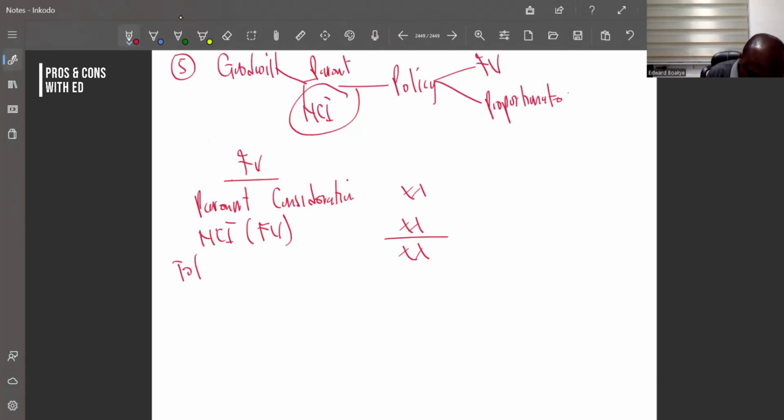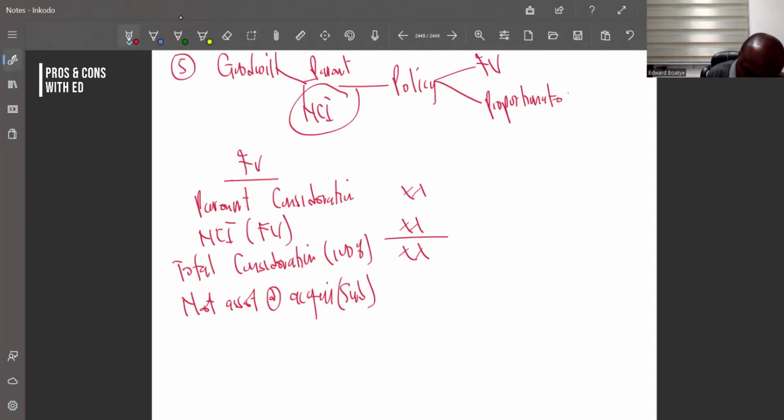So this becomes your total consideration, the 100% total consideration, as compared to net assets at acquisition of the subsidiary. These two give us our goodwill. Always know that goodwill is prepared at the beginning of the year. So this is the fair value policy.